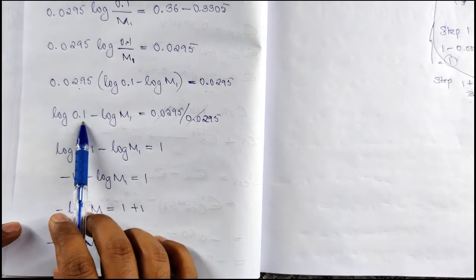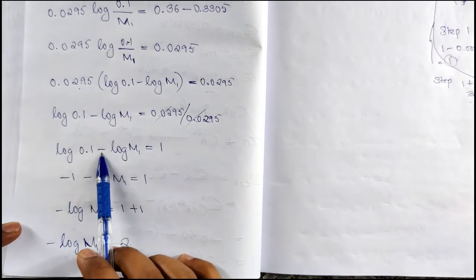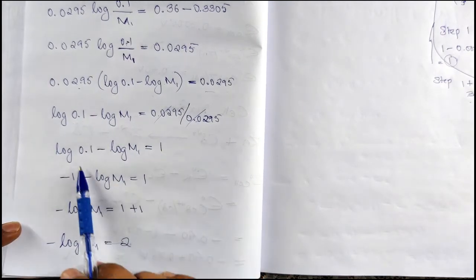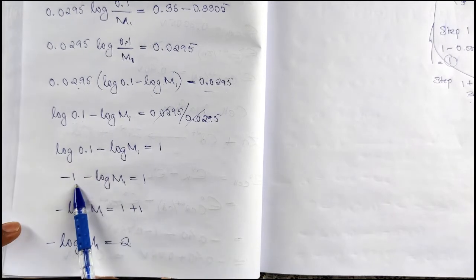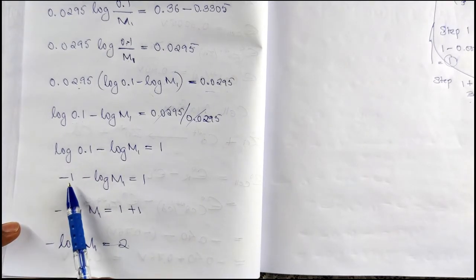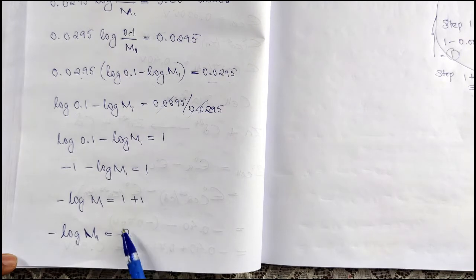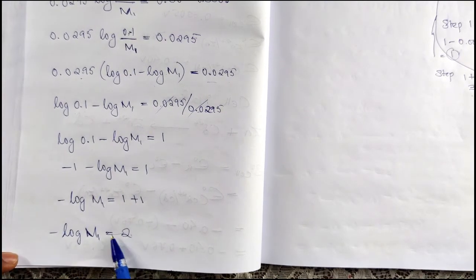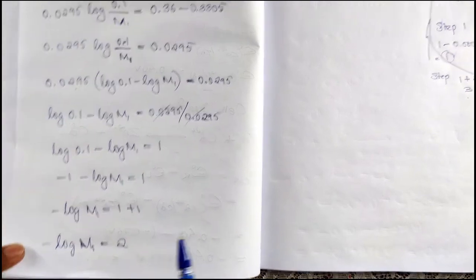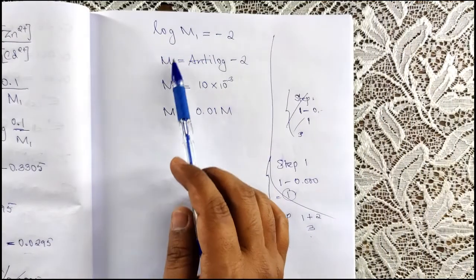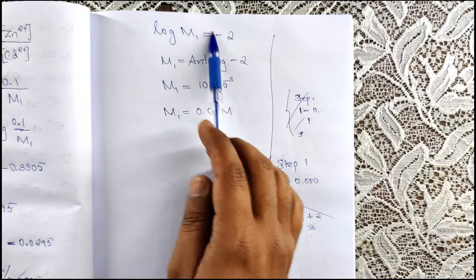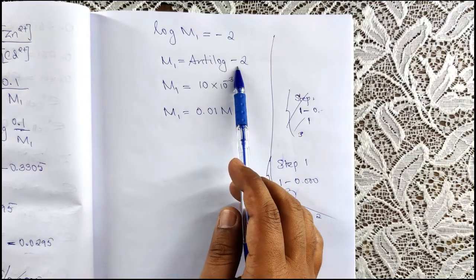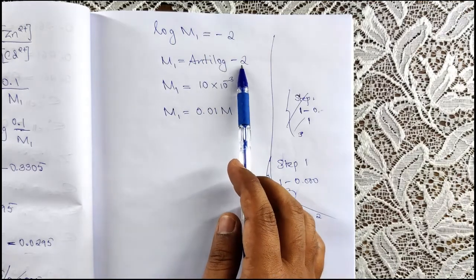Log 0.1 minus log M1 is equal to 1. So log 0.1 is minus 1. So this minus 1, if I move this side, it will be plus 1. 1 plus 1 is 2. This minus, I move it this side. So I get log M1 is equal to minus 2. So M1 is equal to antilog minus 2.